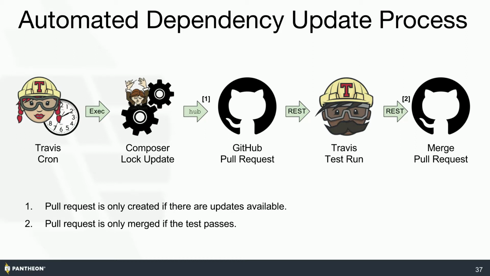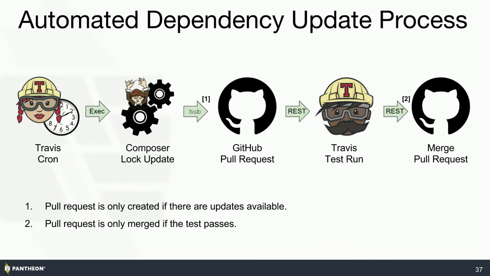So this is the process we're going to use. Travis has a cron task that we can run daily, weekly, or monthly, and when this fires off, it just reruns a test, and we're going to have a test set up that will run the Composer Lock Update tool.